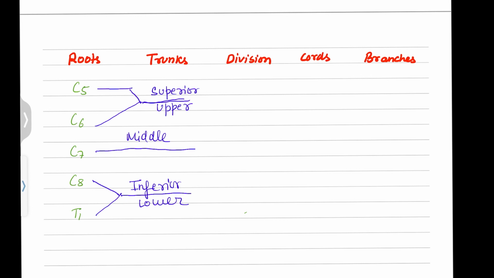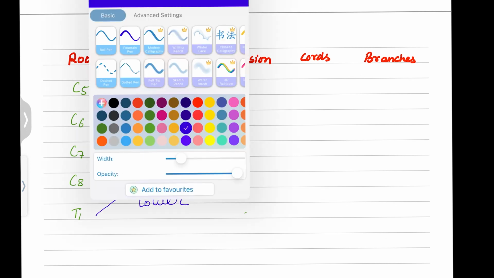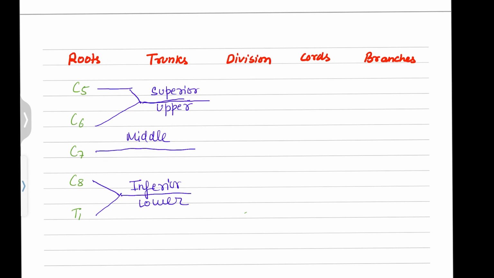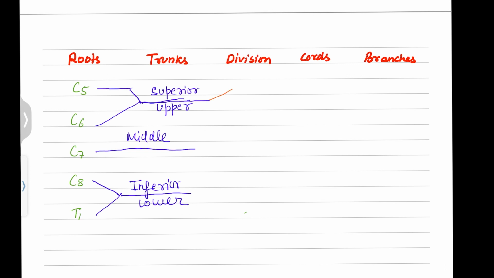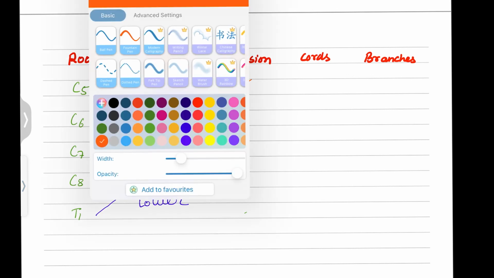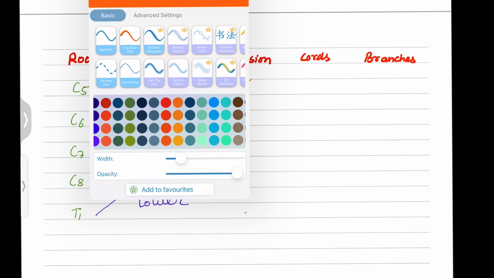Now the division: all these trunks will actually divide into two parts, the anterior and the posterior, two divisions actually. So let me make the anterior division with the orange color, and the posterior division with another color, so you can differentiate it.